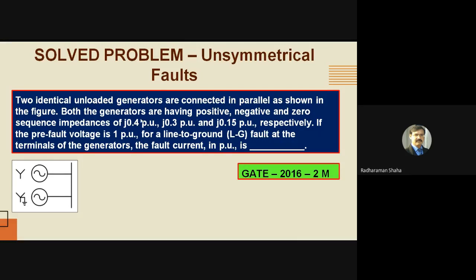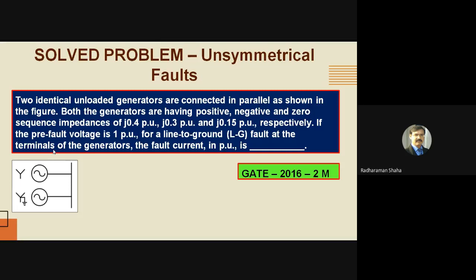Both the generators have positive, negative, and zero sequence impedances of J 0.4 per unit, J 0.3 per unit, and J 0.15 per unit, respectively. If the pre-fault voltage is 1 per unit, for a line to ground fault at the terminals of the generator, the fault current in per unit is dash.